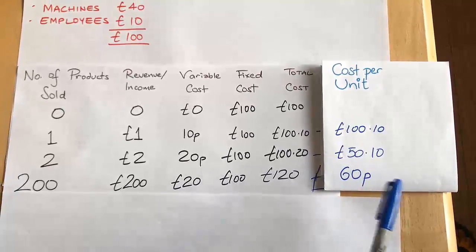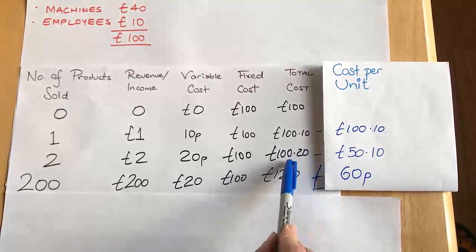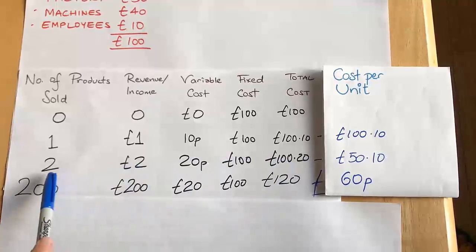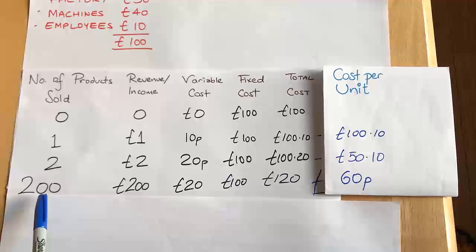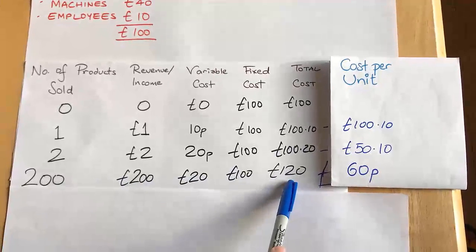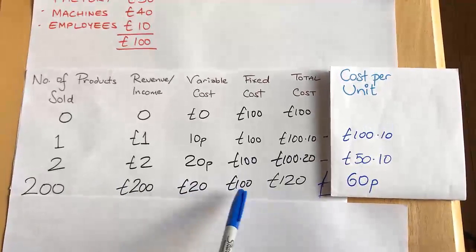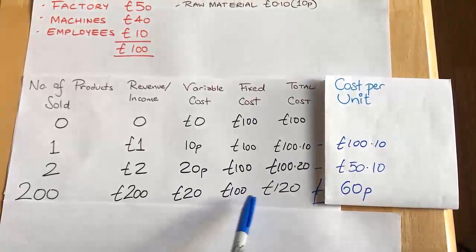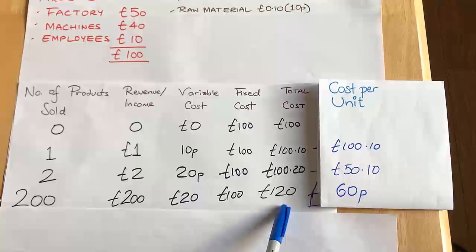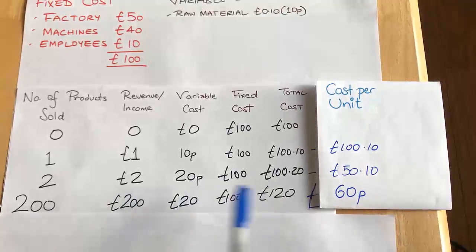So what we're basically doing is we're looking at the total cost and we're dividing it by the number of units produced. Now look, our total cost for 200 units is 120. So £20 in raw material and £100 in fixed costs. So factory, machines and employees. £120 and we made 200 units.